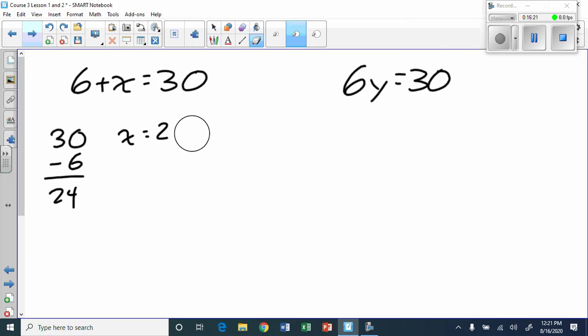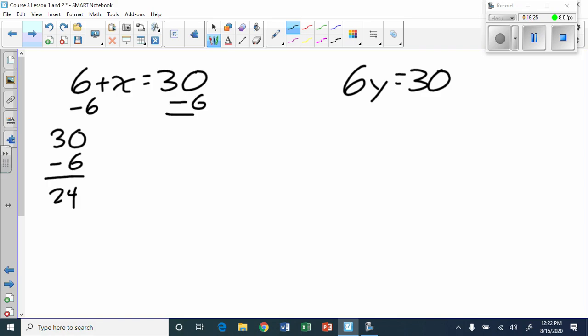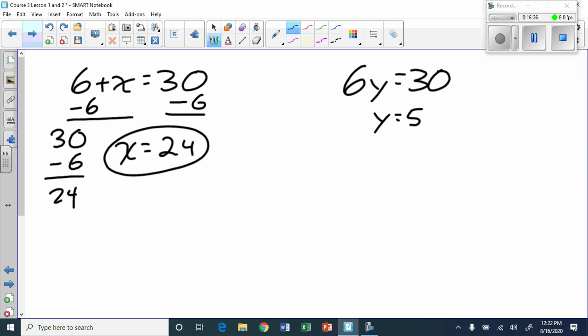That way is okay. But you guys are in higher math now. Let's play our balance game and keep it balanced on both sides. x equals 24. In this one right here, we could think fact families. We know y equals 5 because 6 times 5 is 30. But what's our evidence? Well, let's do the same thing on both sides.